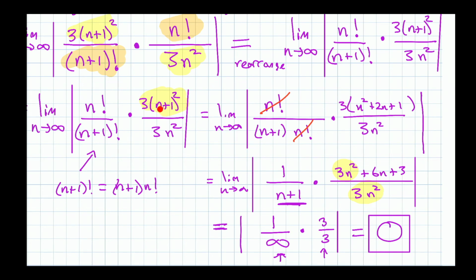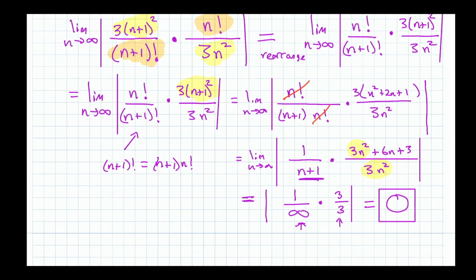So n times n is n squared, and then n squared times 3 is going to give you 3n squared. So you should be able to look at this and predict the 3n squared. And then you should not have to actually multiply this all out, because I don't even care about the 6n plus 3. So why did I spend time calculating it, right? So that's what we should have done.